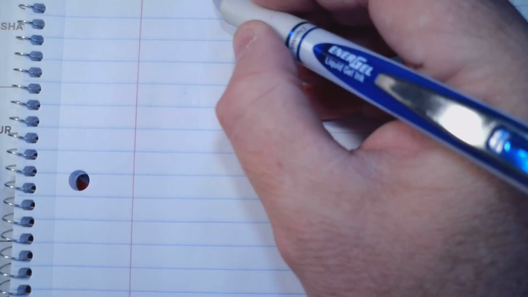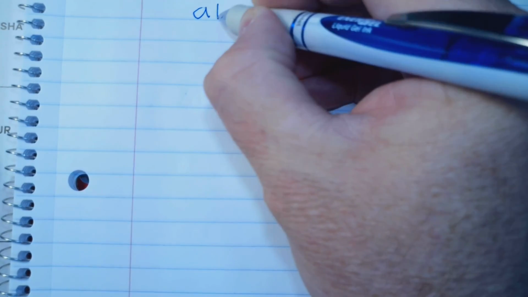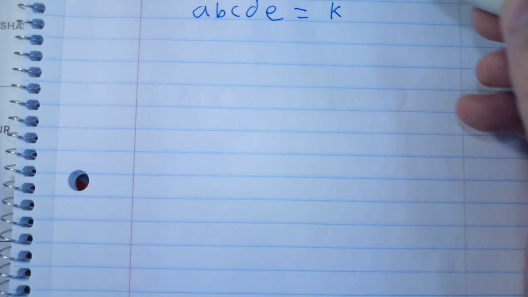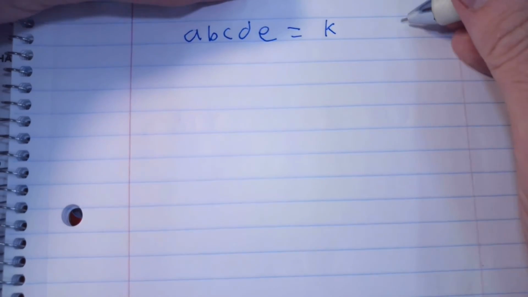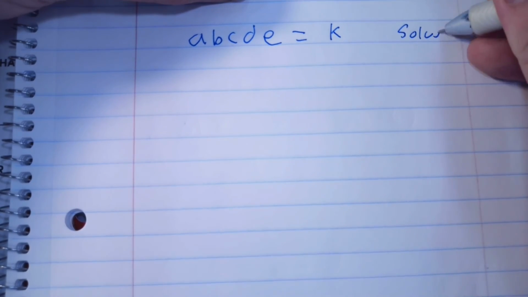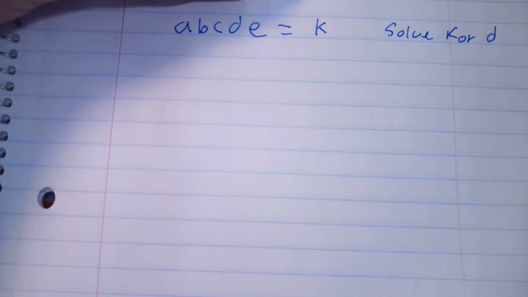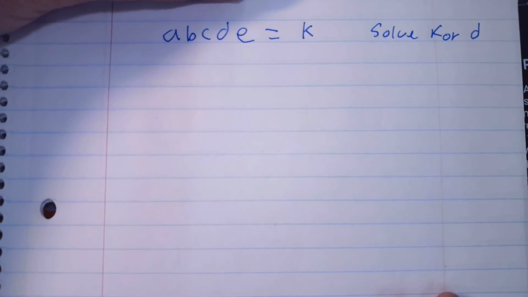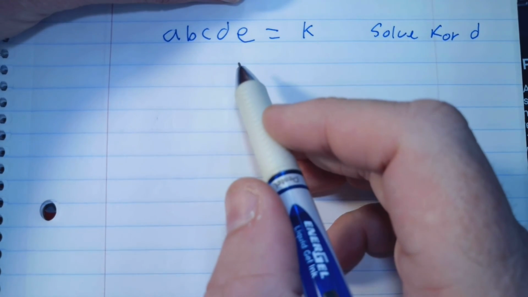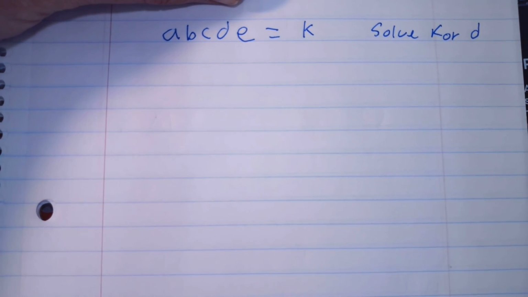All right, this one can confuse people. All right. Solve for D. Okay, I wrote a whole bunch of letters. Does that matter? No. Does it make it harder?